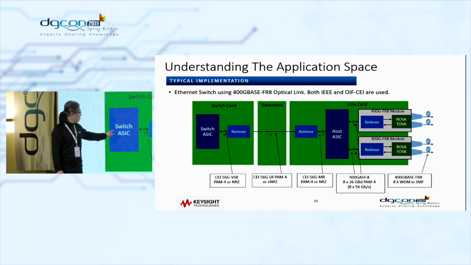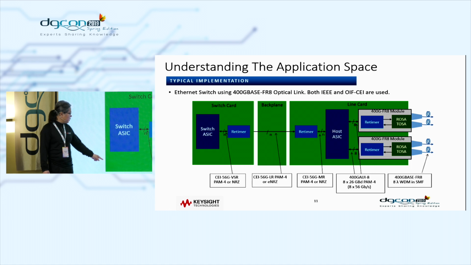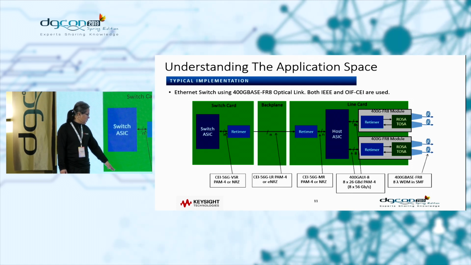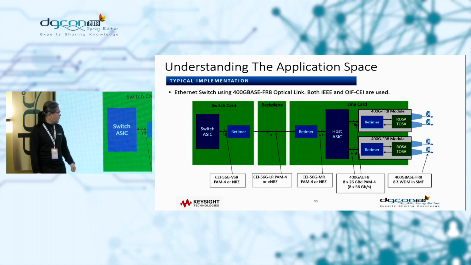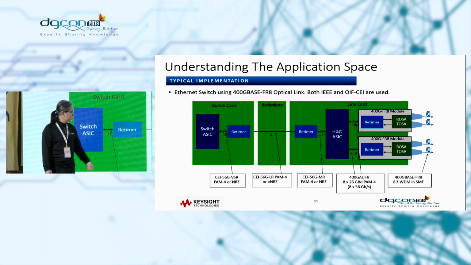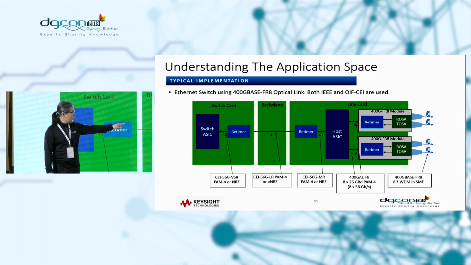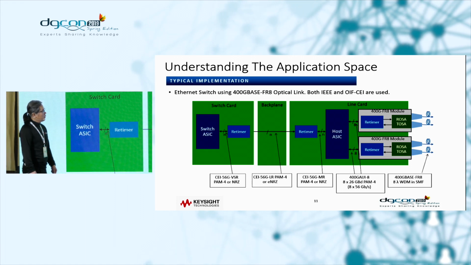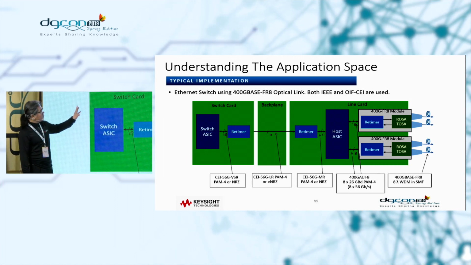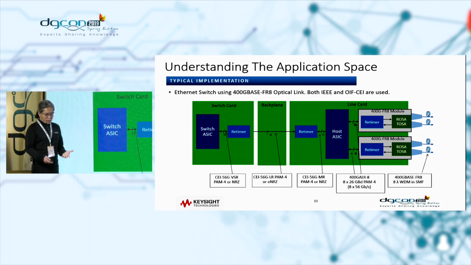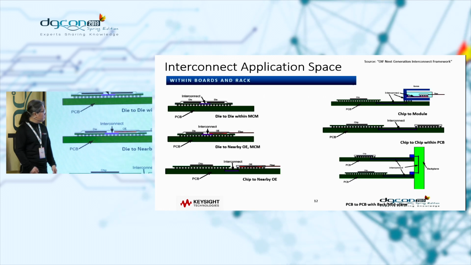For example, between the switch ASIC and retimer, you are basically using the CEI-56G VSR, or in terms of signaling, that is basically using the PAM4 or NRZ. When you go into the backplane, basically this is the standard, and between the retimer and host ASIC, that's the kind of standard. So this is basically a typical application space for Ethernet, and we'll be looking into all the details one by one.